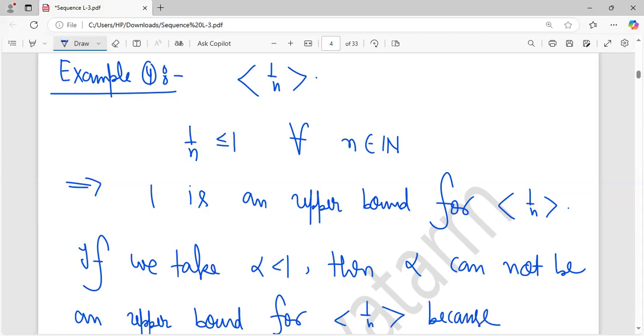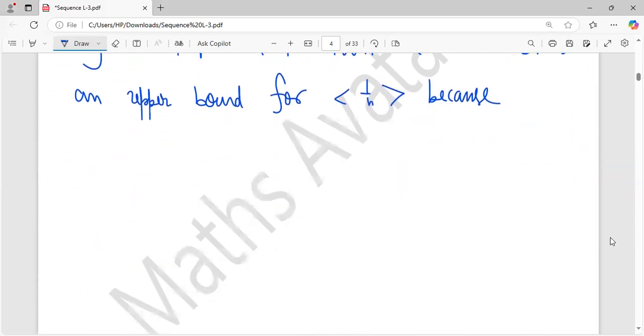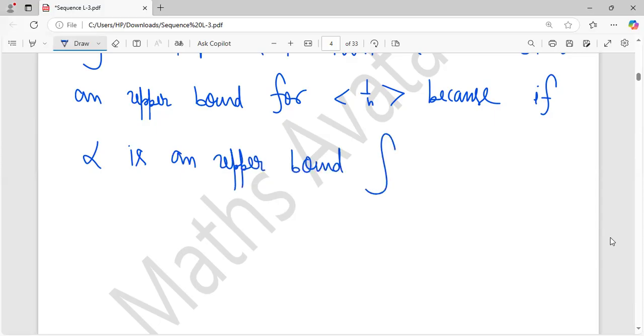Because if alpha is an upper bound for this sequence, then 1 upon n will be at most alpha for all n belonging to the natural numbers.